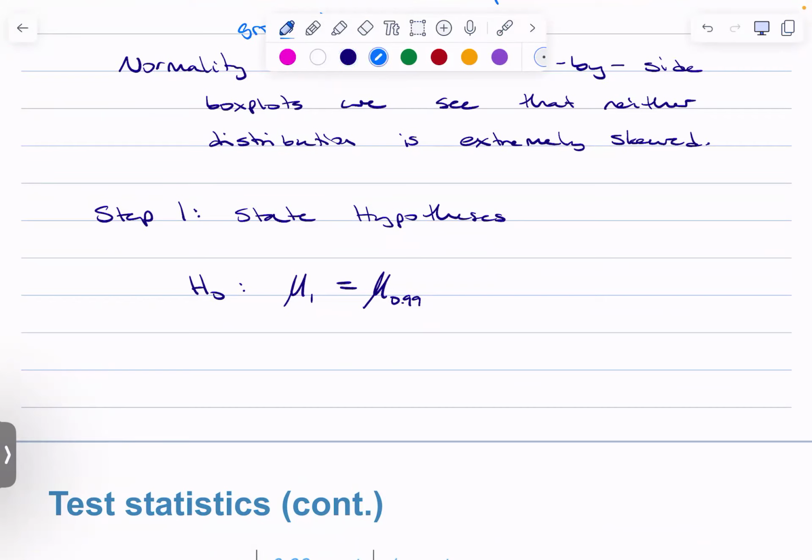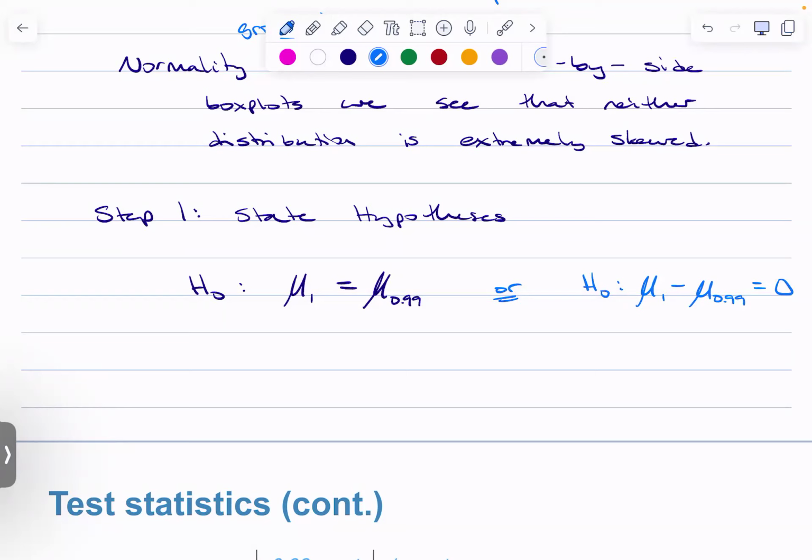Or, if you prefer, mu1 minus mu 0.99 is equal to 0. They're the same, right?